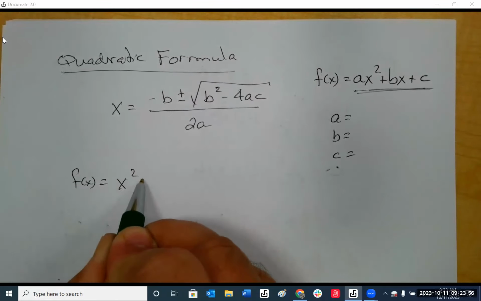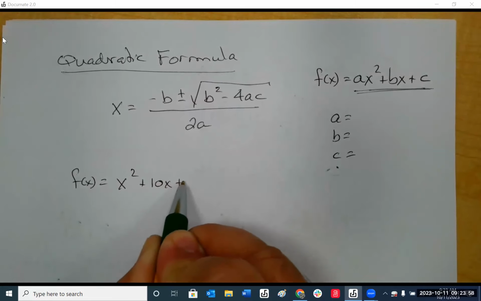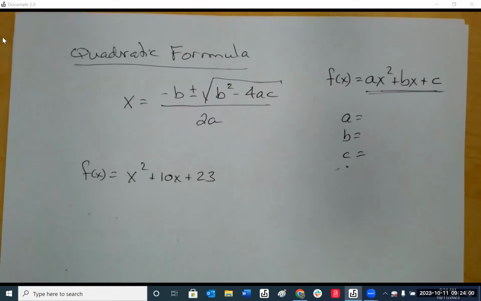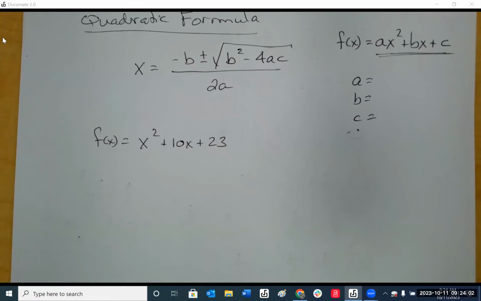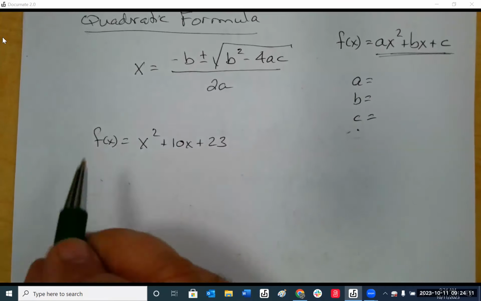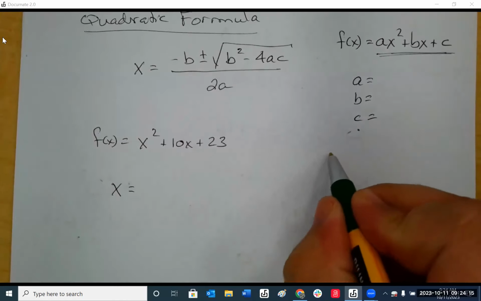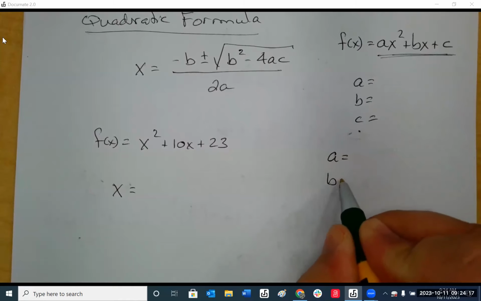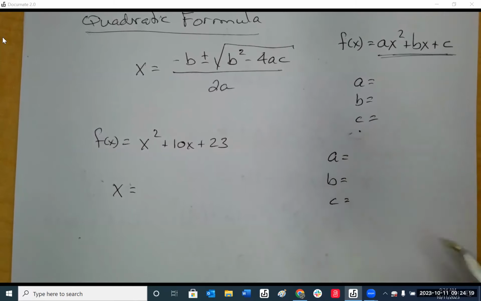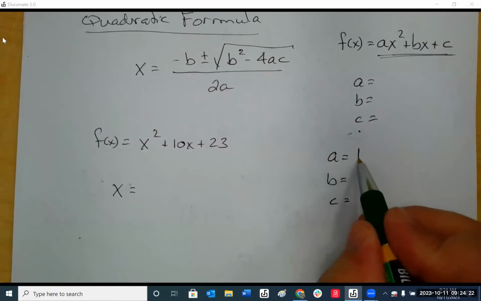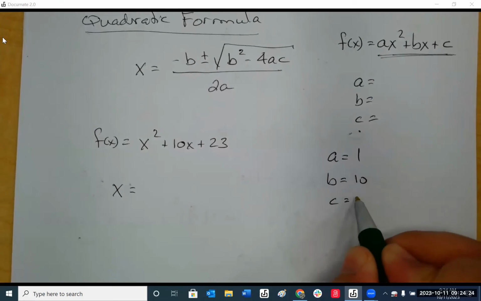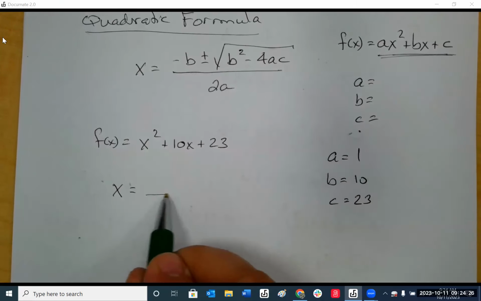So let's look at the one we had earlier. We want to find the x-intercepts. So we label A, B, C. What is A? 1. B and C. Plug them in there.